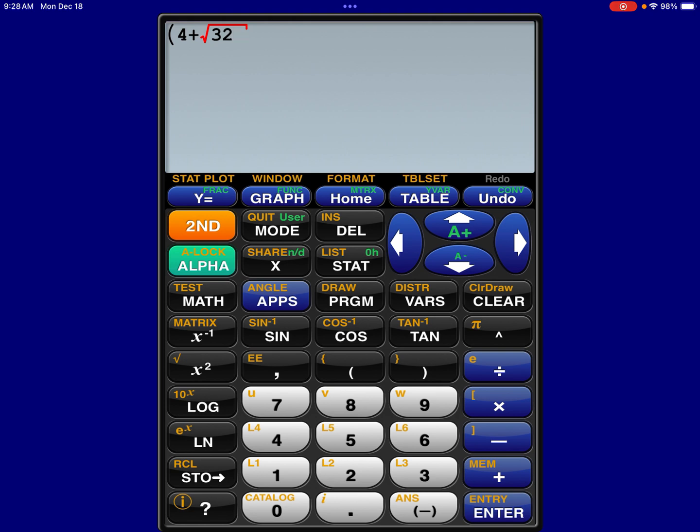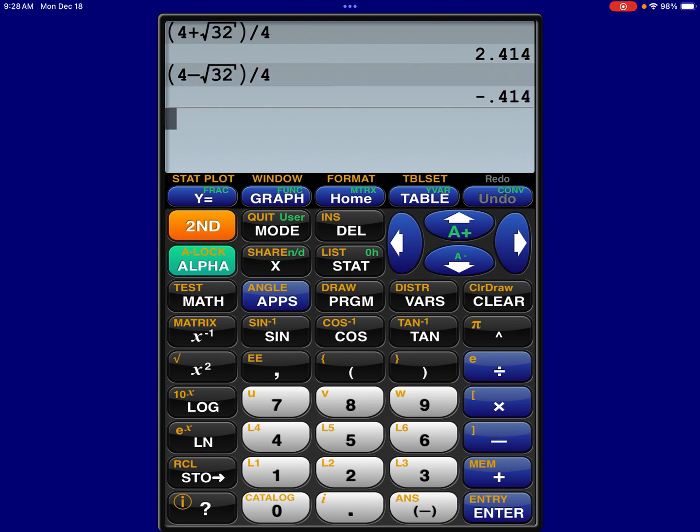And then move to the right to get out of the square root and put parentheses to say that's the numerator, and it's divided by 4. So we get 2.414 as one answer. And then you could either retype it, or you could go up and grab that and just move over to the plus sign, change it to a minus sign. So the other answer is negative 0.414.